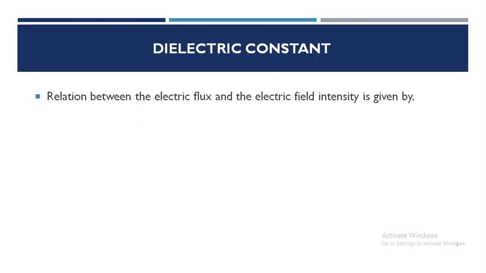The relation between the electric flux and electric field intensity is given by D equals epsilon into E, where capital E is the electric field, and the permittivity can be defined with epsilon.